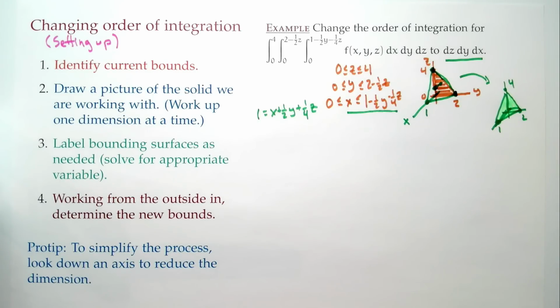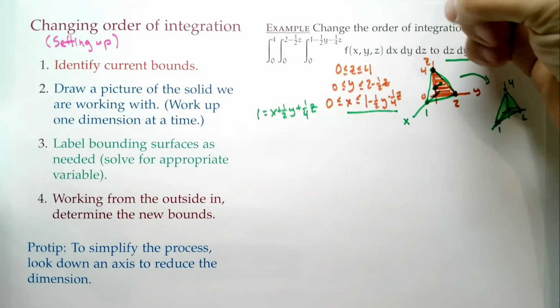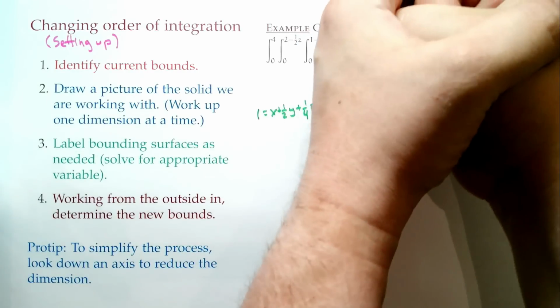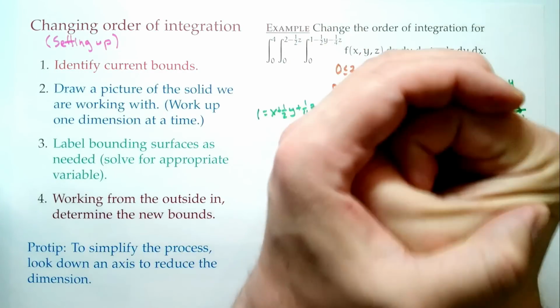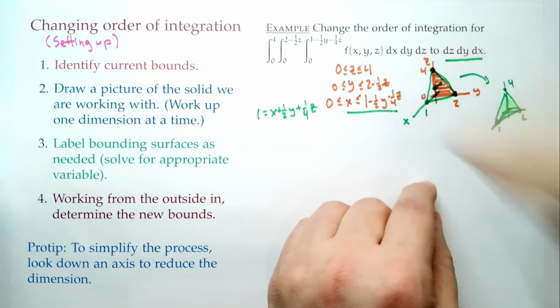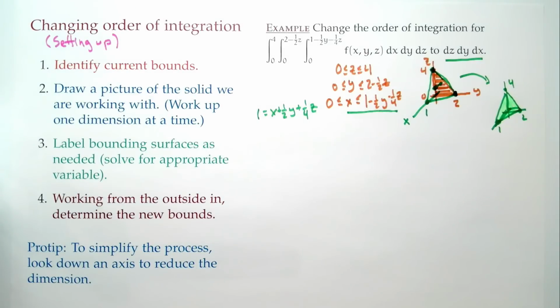So since I don't need to worry about z until the end, what I want to do is look straight down the z-axis. So it's almost as if we're going to grab a hold of that z-axis, and we're going to pull until we're looking straight down the z-axis. That's our goal.